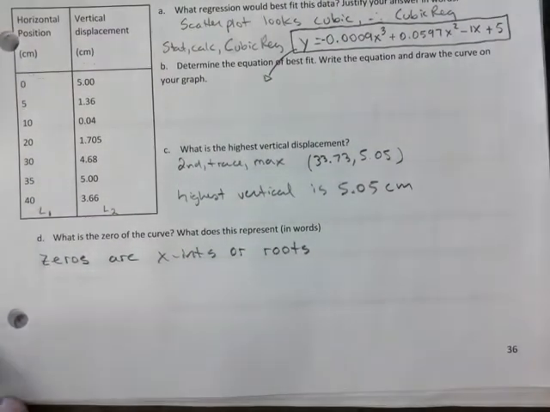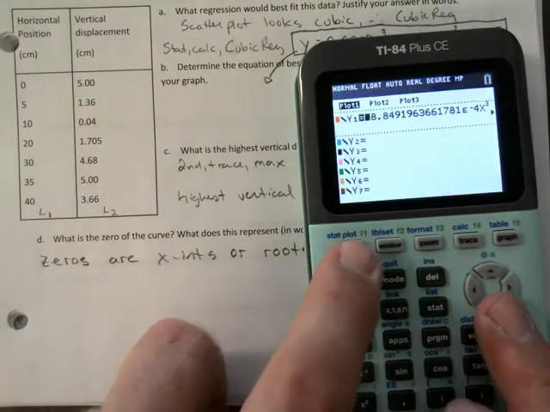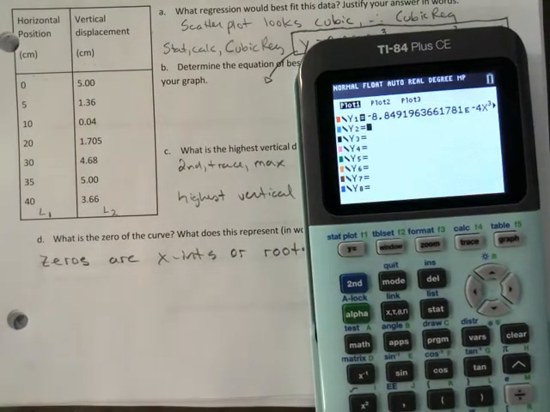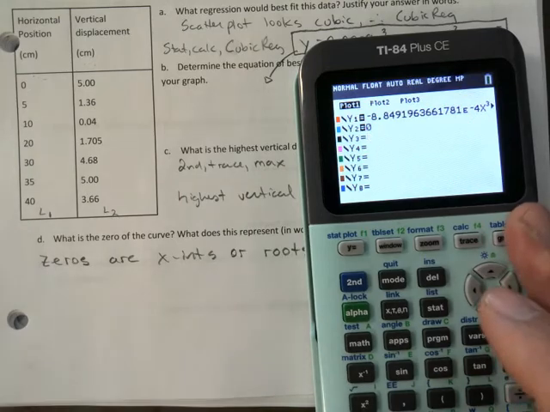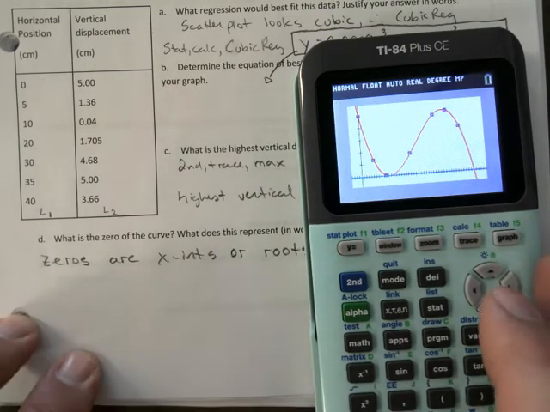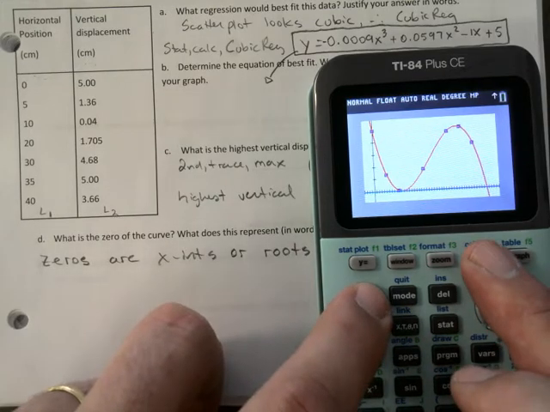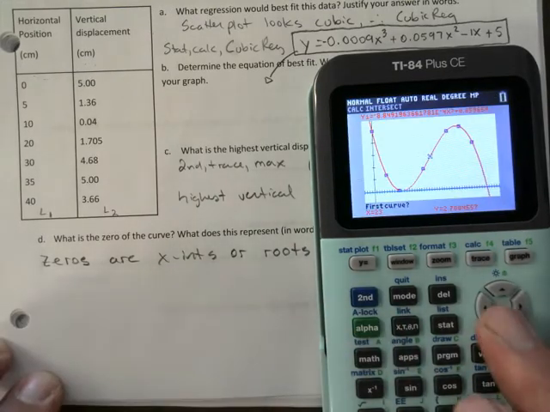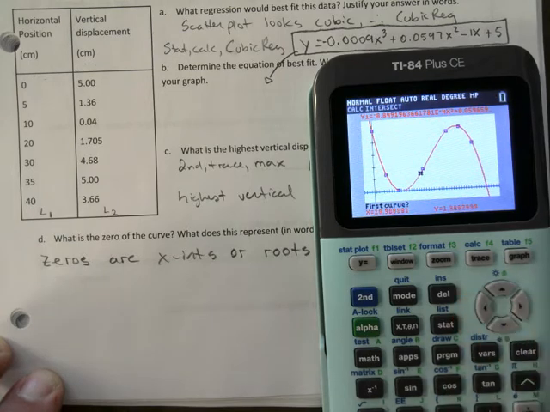So let's see if there are any zeros. So we're going to find, we go y2 is equal to 0. I don't even know if there's going to be a 0. Okay? We don't know that for sure. So we're going to go second trace 5 after we type it in, and basically just go closer to it and then just hit enter 3 times.